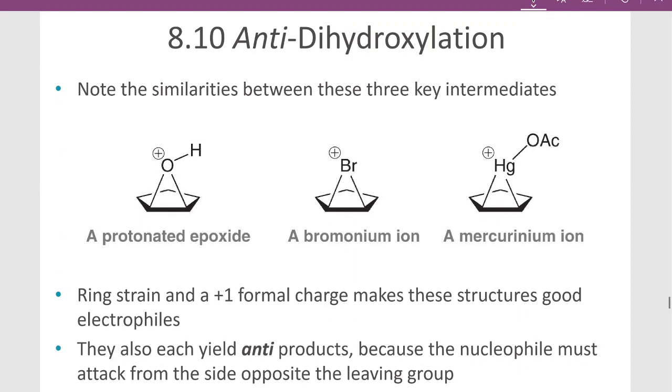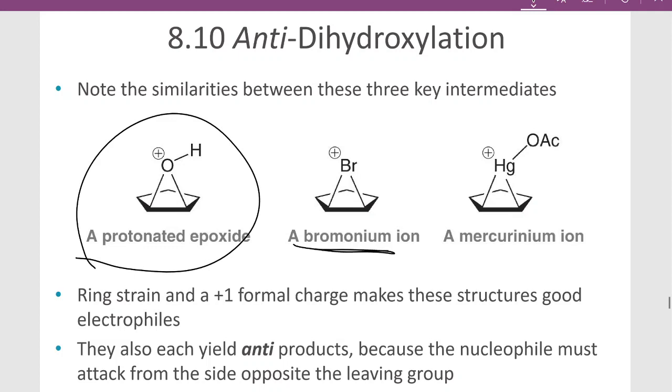So remember, like I mentioned earlier, that three-membered ring, the protonated epoxide, is very similar to the bromonium ion we saw earlier and the mercurinium ion we saw earlier. So that positive charge on the three-membered ring is shared across the entire three-membered ring. So we have a partial positive on the carbons as well.